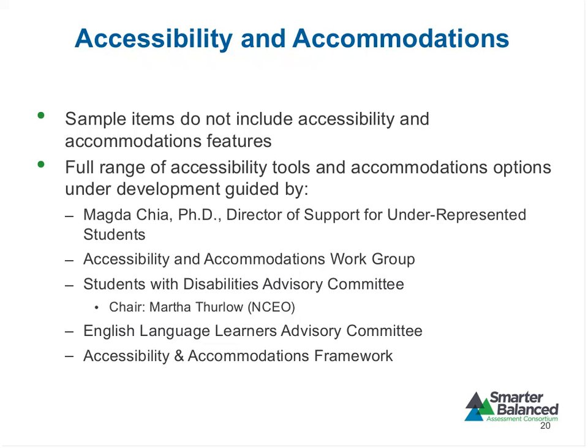But for the first pushing out of sample items, we just wanted people to see the range of items and the types of things we were asking, and we felt it was important to get something out for people to not only look at but to respond to. And it's going to take a while to work through all of the issues and the demands for accessibility and accommodation. Next slide, please.